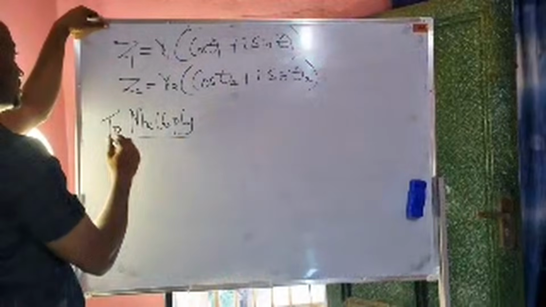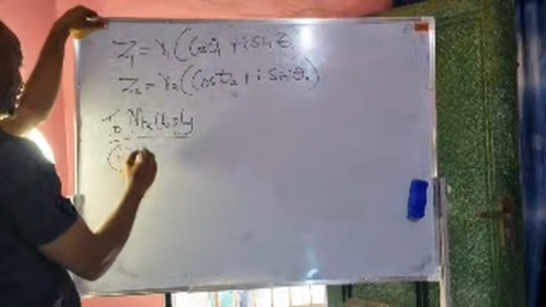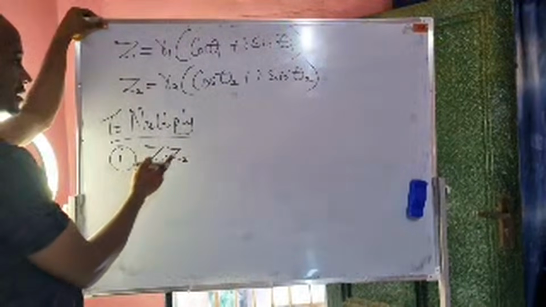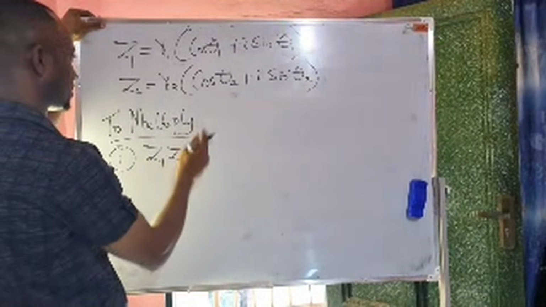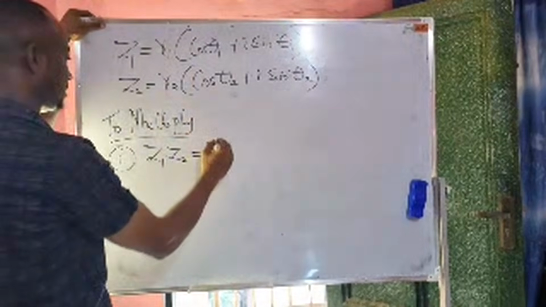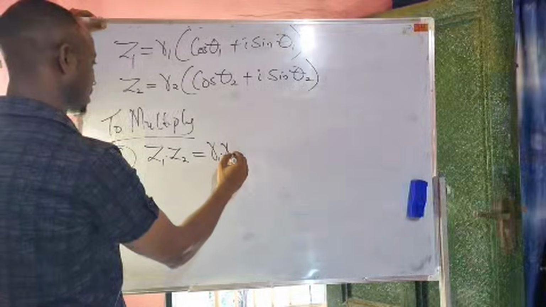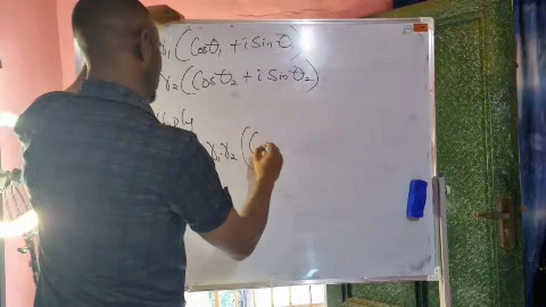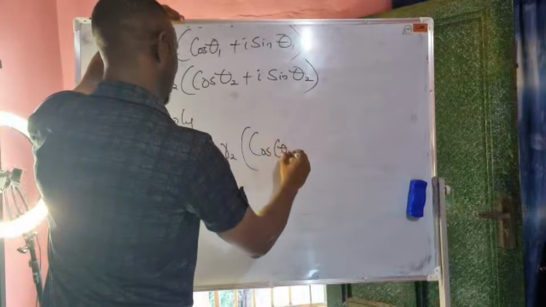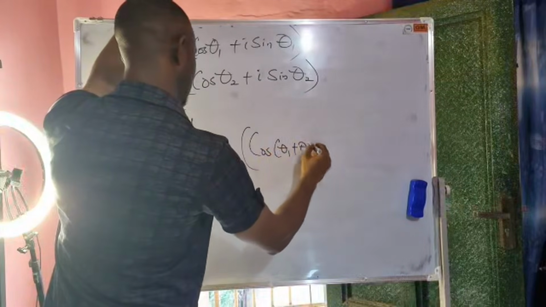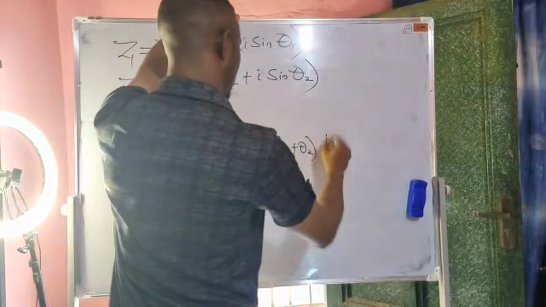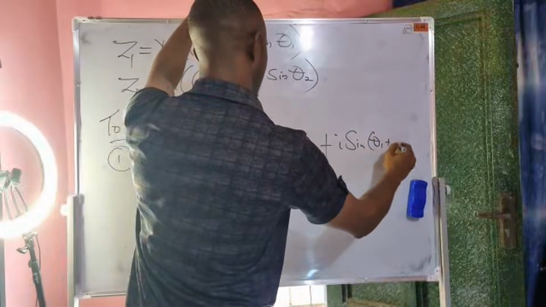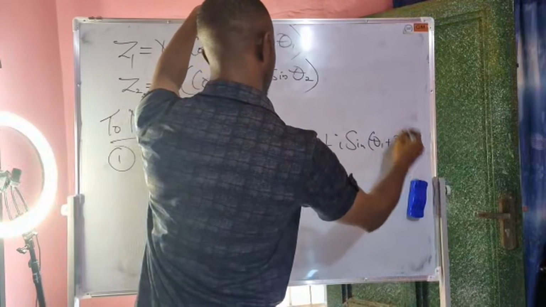So to multiply, the first is Z1 times Z2. That will give us R1 times R2. Then in bracket, the principle says we're going to add up the angles, which is cos of theta 1 plus theta 2, plus i sin of theta 1 plus theta 2.